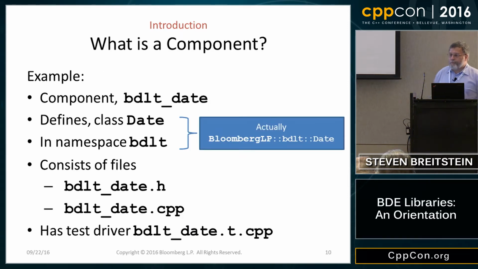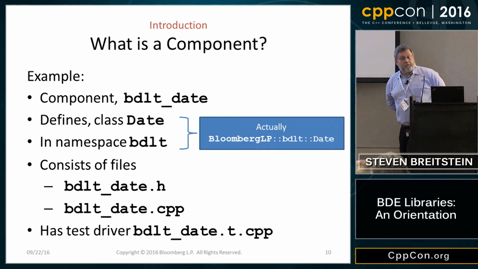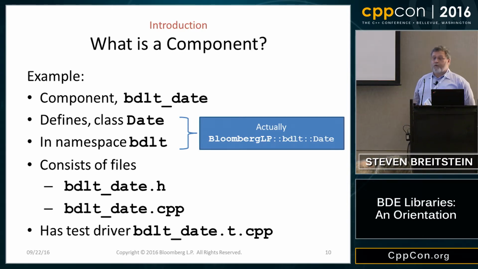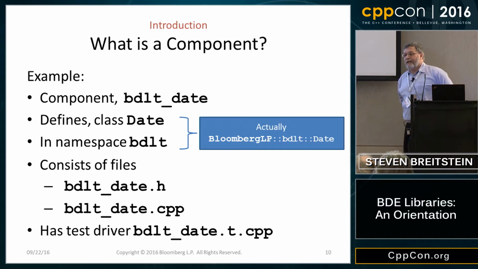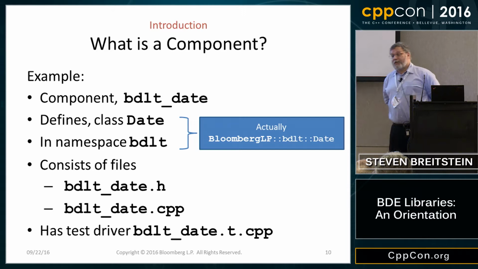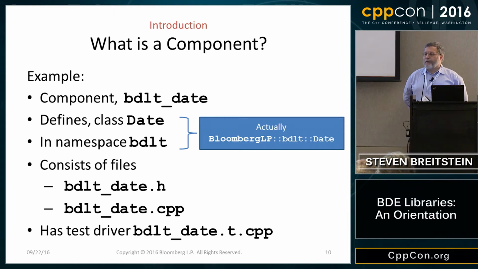Okay, so just in case somebody hasn't been through this before, what is a component? An example would be bdlt_date. That is a component whose major class is Date, that is implemented in the bdlt namespace. And furthermore, all the classes are further wrapped by the BloombergLP namespace so that we can mix with third-party code without fear of collision.